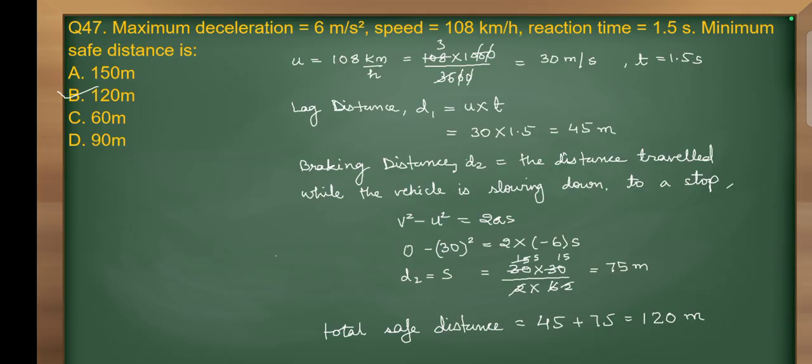Then we will put the value of acceleration, that is given as 6, and we will calculate the displacement of the object, that will come to be 75 meter. So the total safe distance covered by the object will be 45 plus 75, that is equal to 120 meter.